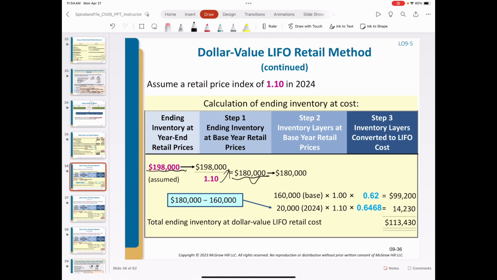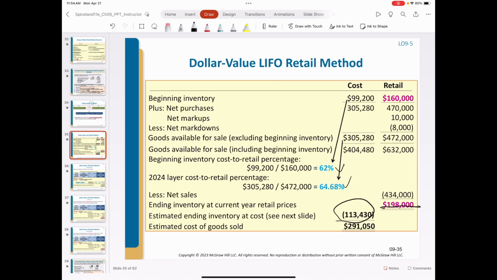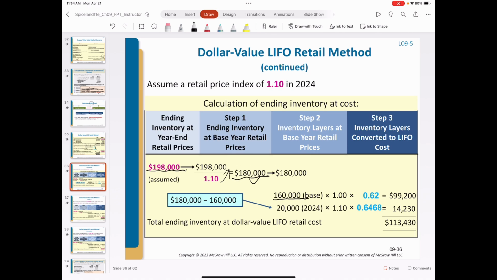So $180,000 now is a value at base year. Well, base year balance was $160, which was not sold according to LIFO. So this is the base layer, and this is an additional layer in 2024. Then we multiply the price index of each layer and its corresponding cost to retail ratio.